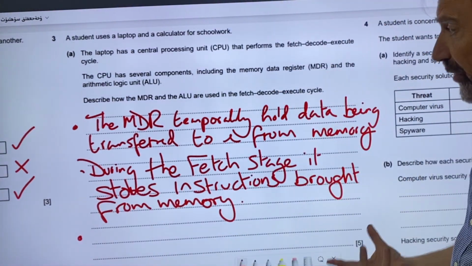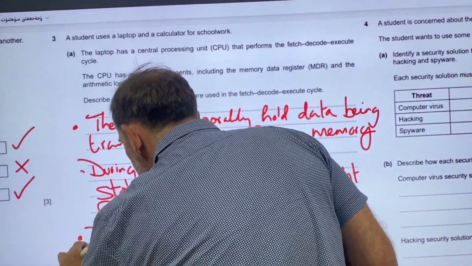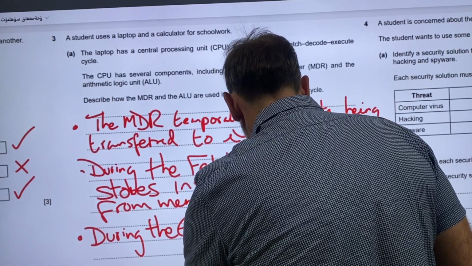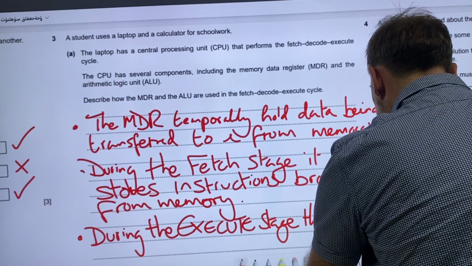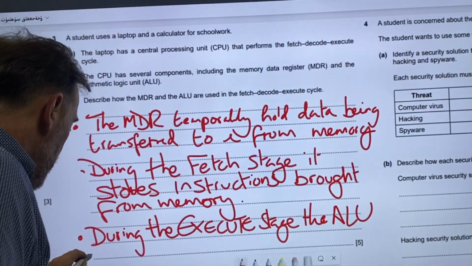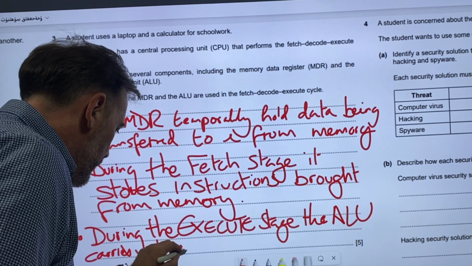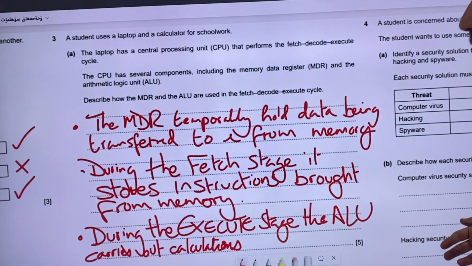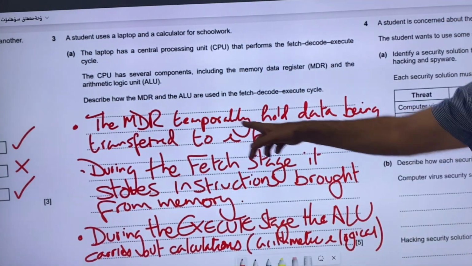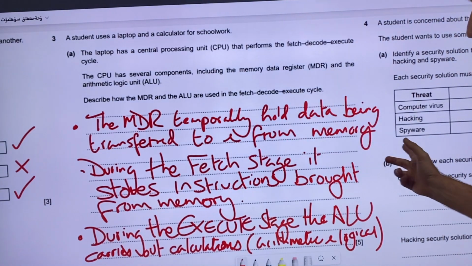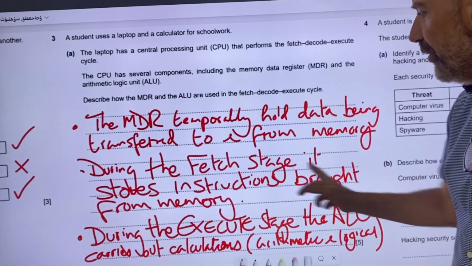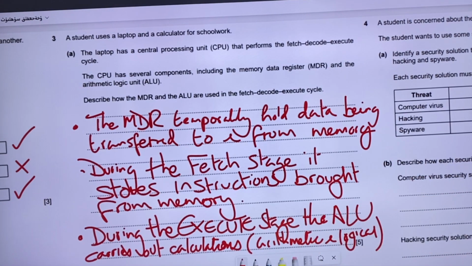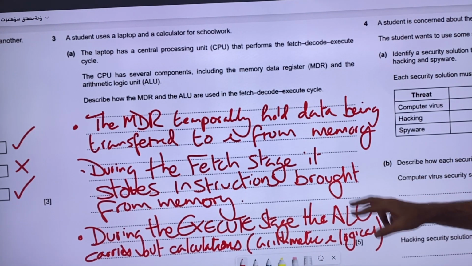But during the execute stage, the ALU carries out calculations. ALU: arithmetic and logical. So the MDR temporarily holds data being transferred to and from memory. During the fetch stage, it stores instructions brought from memory. During the execute stage, the ALU carries out calculations, arithmetic and logical. It's worth 5 marks. I think that would give us 5 marks.